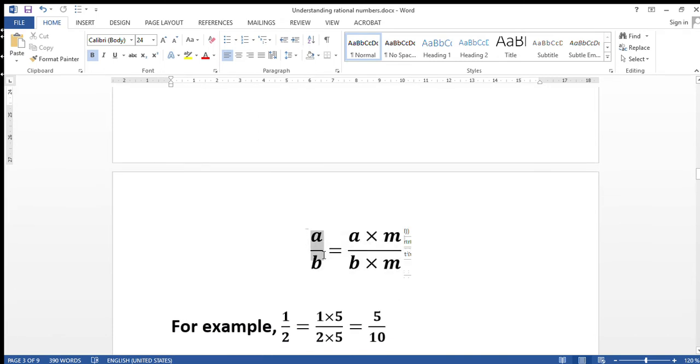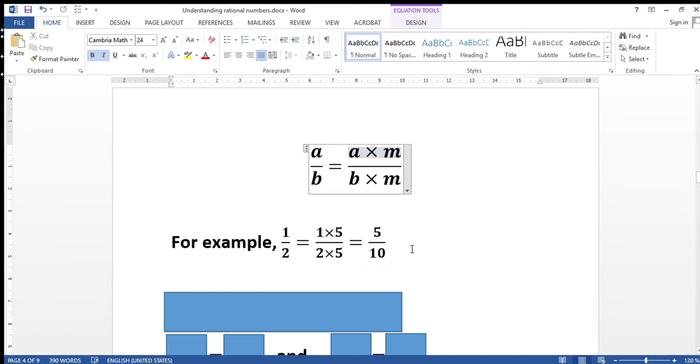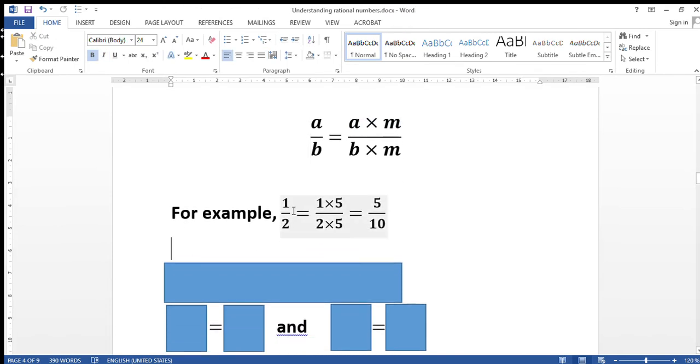So we have this proper fraction, and then we multiply it by the same number. This is a non-zero integer. For example, we have 1 over 2, or 1/2. What if we want to find a least common denominator?